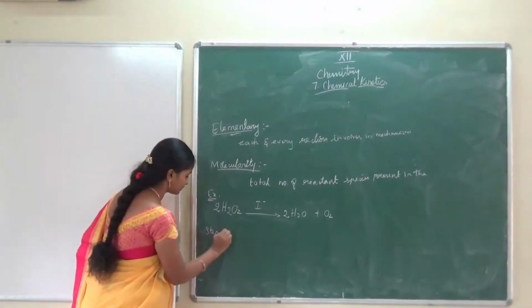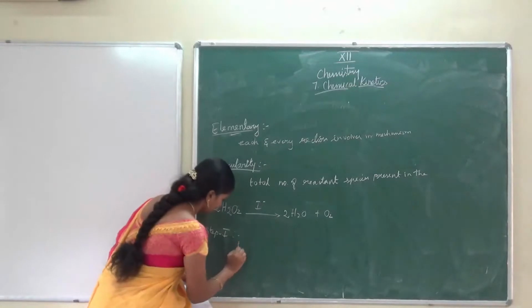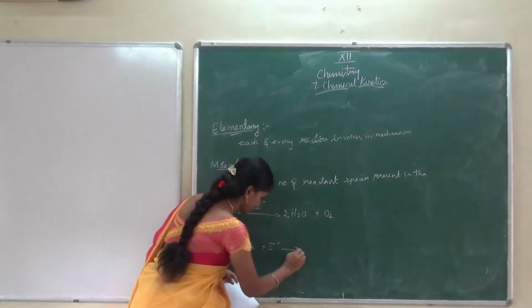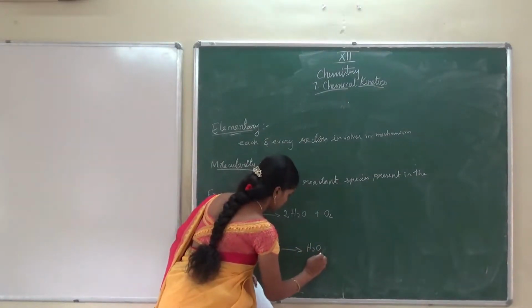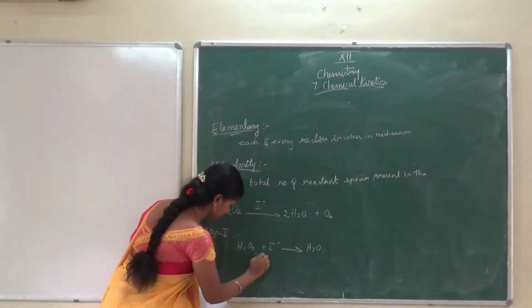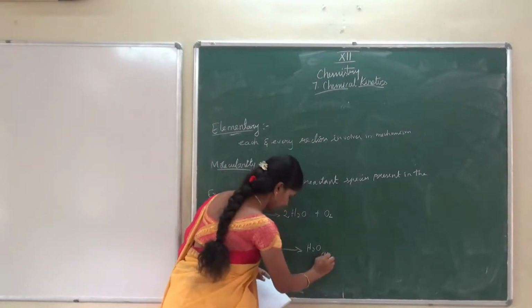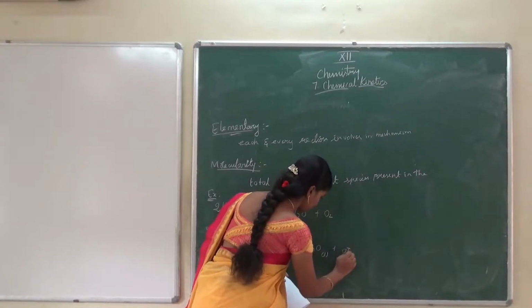In step 1, H2O2 reacts with I minus and is converted into H2O. Here are the states: H2O2 is aqueous, I minus is also aqueous, and H2O is liquid, plus OI minus.